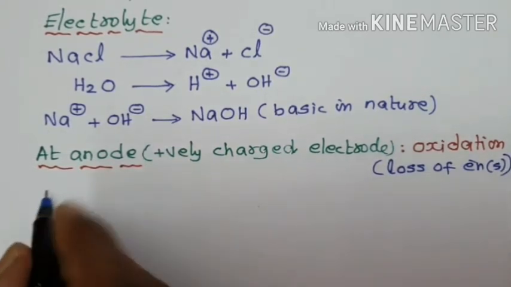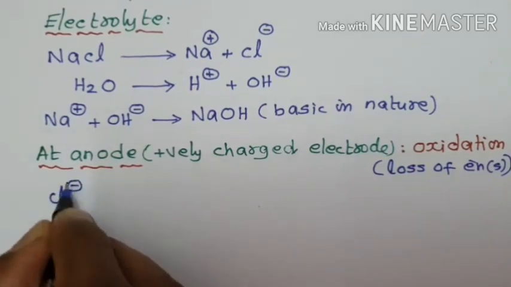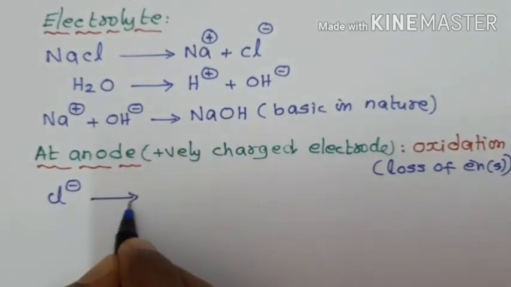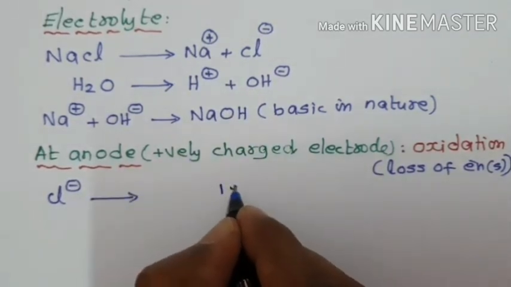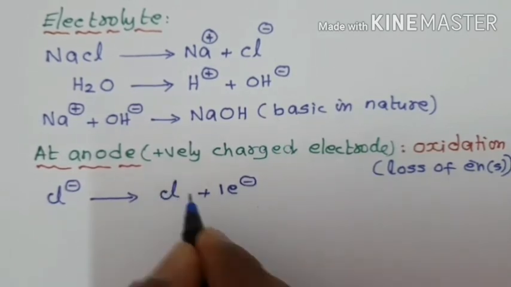At the anode, the Cl- ion, the negatively charged ion, moves towards the anode, loses one electron, and becomes a chlorine atom.